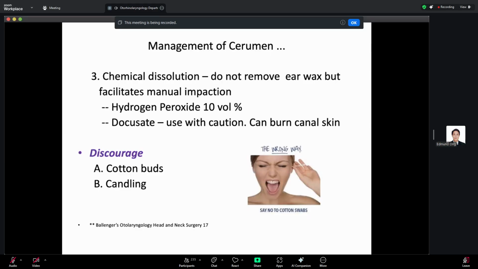We discourage the use of big cotton buds, frequent cleaning of the ears, and of course candling. I've seen a lot of patients who had candling resulting in ear infection. So we don't recommend that. Next slide.